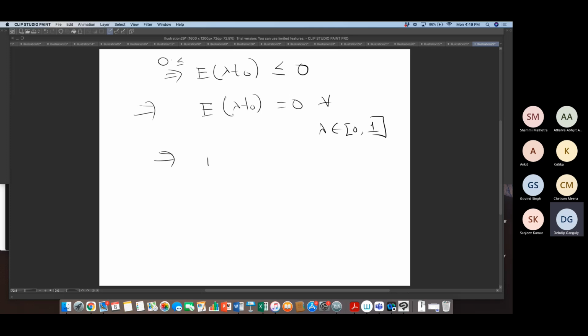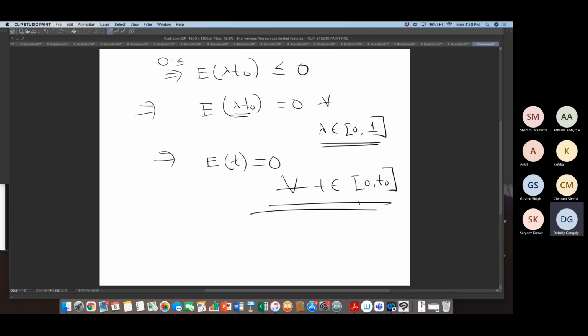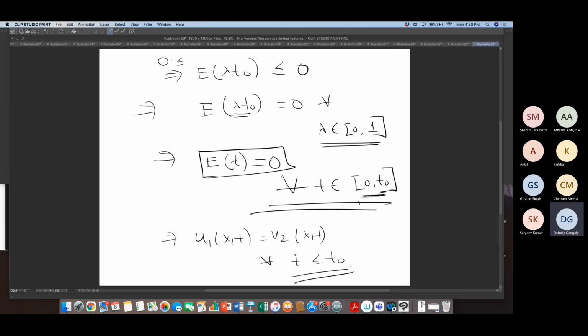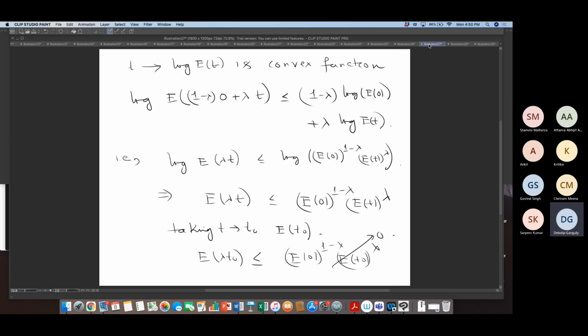That means e of t is equal to 0 for all t, because when lambda is 0 we get 0, and when lambda is 1 we get t naught. So between 0 and t naught, e of t is 0. And this implies u1 of x, t is equal to u2 of x, t for all t less than t naught. So that is the backward uniqueness. I proved it very fast because it is log convex and many things are there.